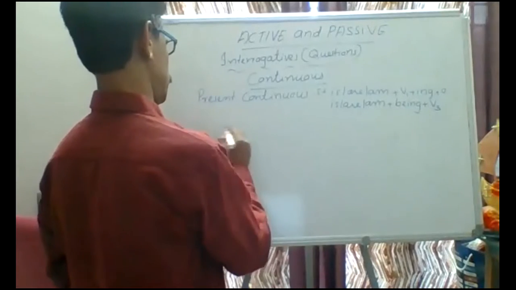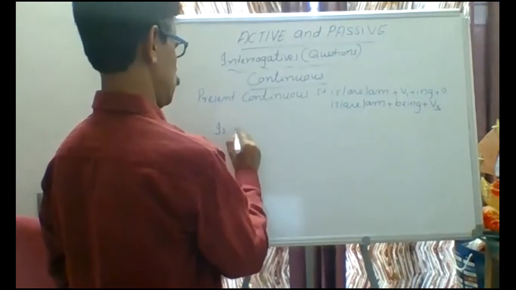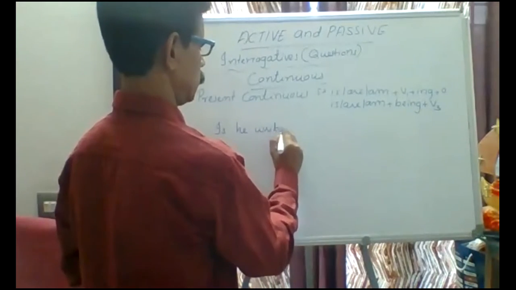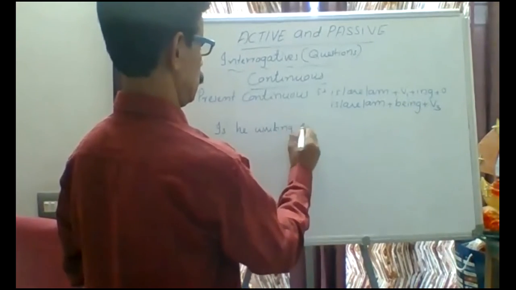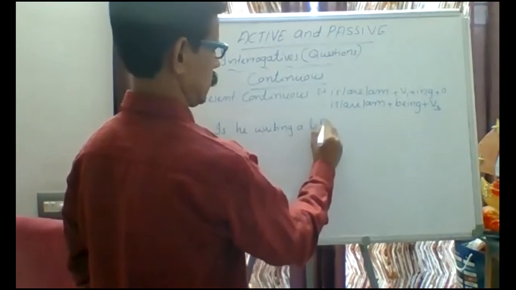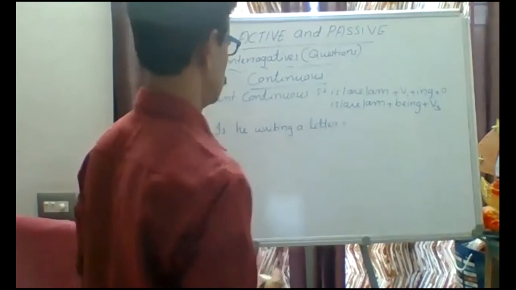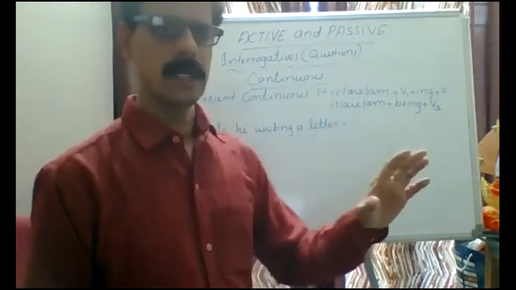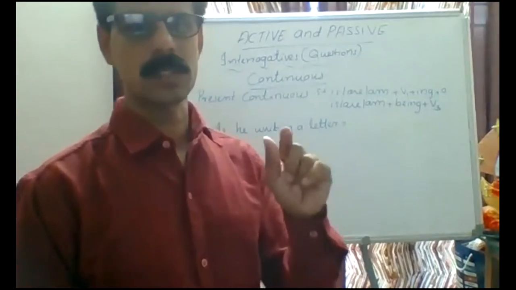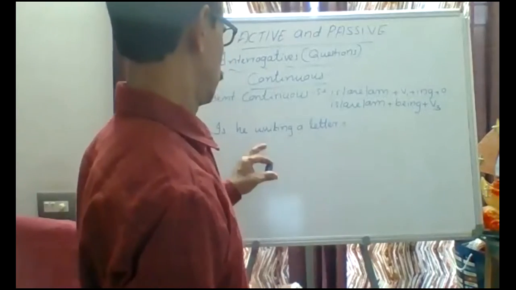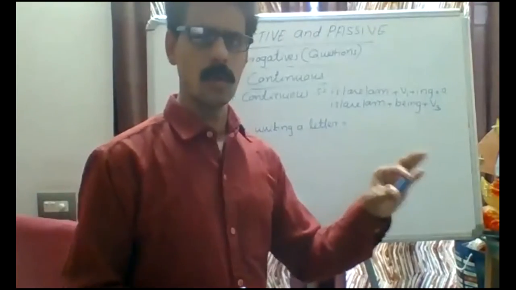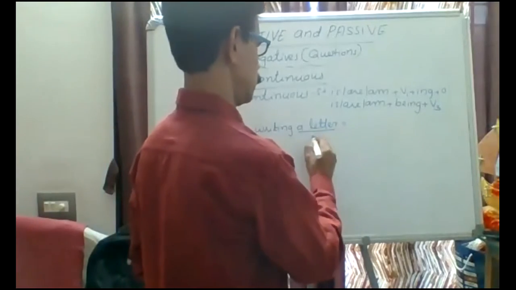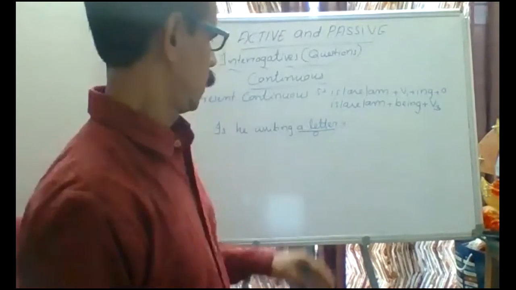Is he writing a letter? Is he writing a letter? Is a present continuous because the sentence starts with is. Here, the second step is to find the object in the sentence. A letter is the object of the sentence.